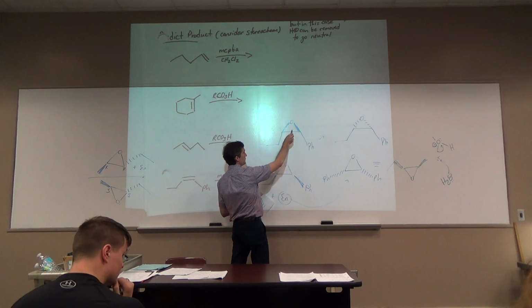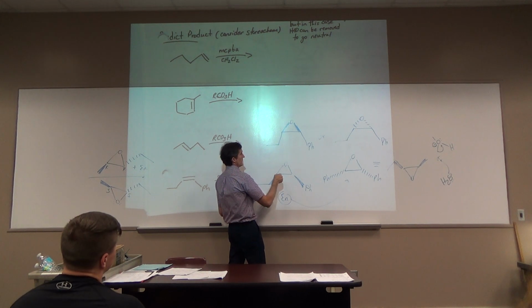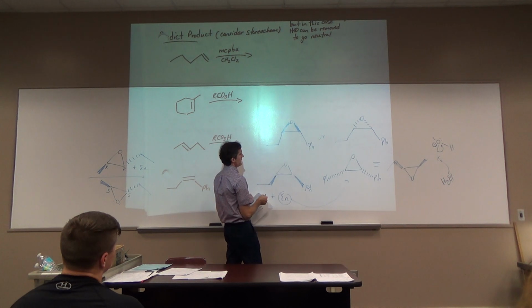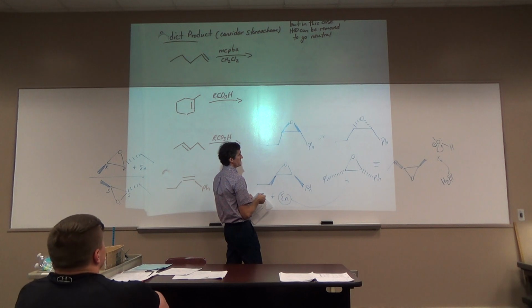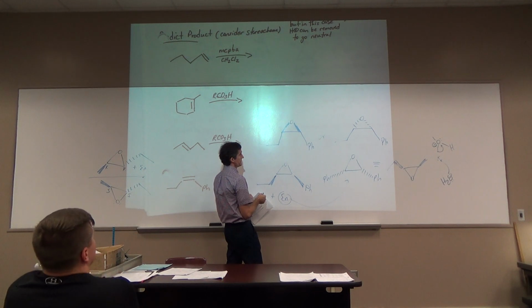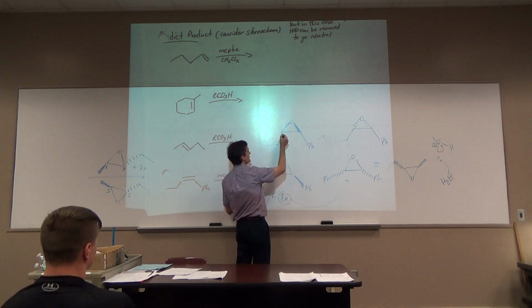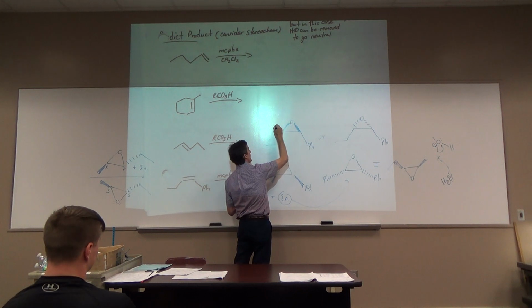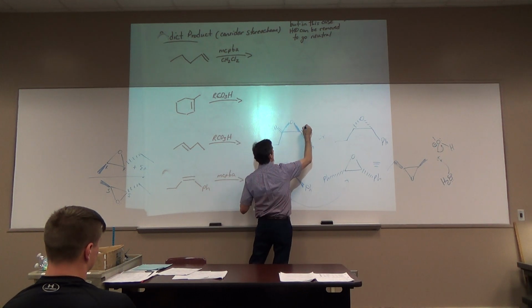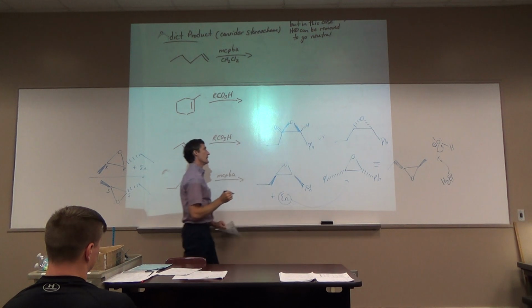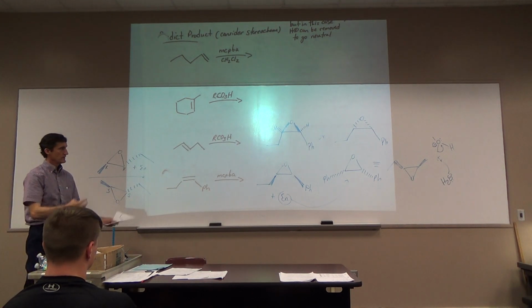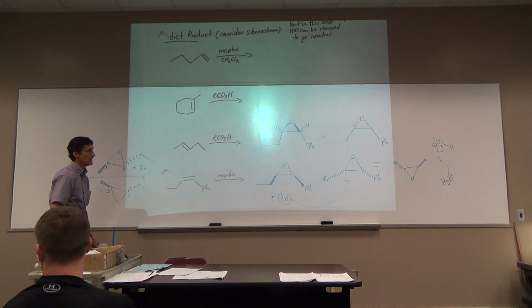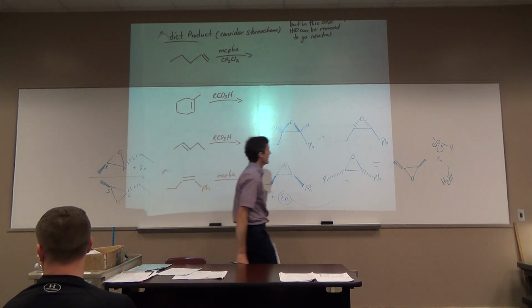The question is, which one is this? Which one down here is this? The one on the right? The problem is you can't tell if it's cis or trans. We have to assume that the H is back. I think I can say they're cis for that one, but for the second one, we couldn't tell if it was trans.